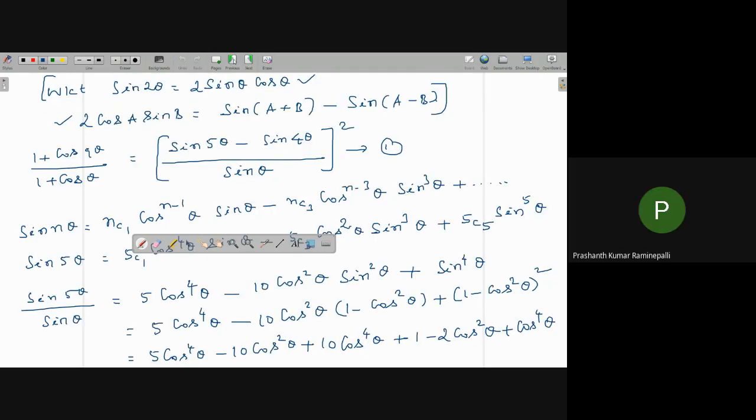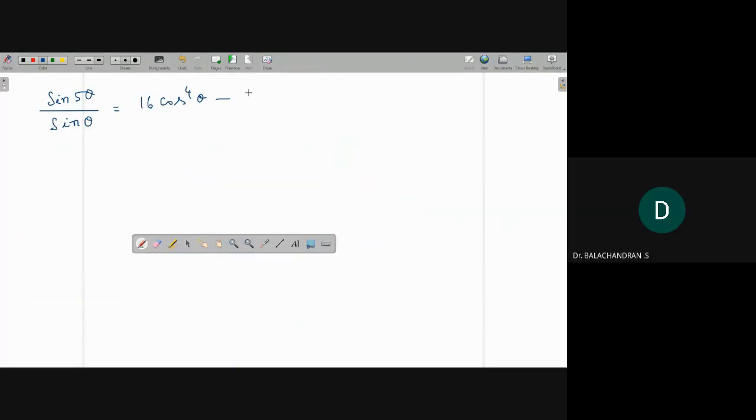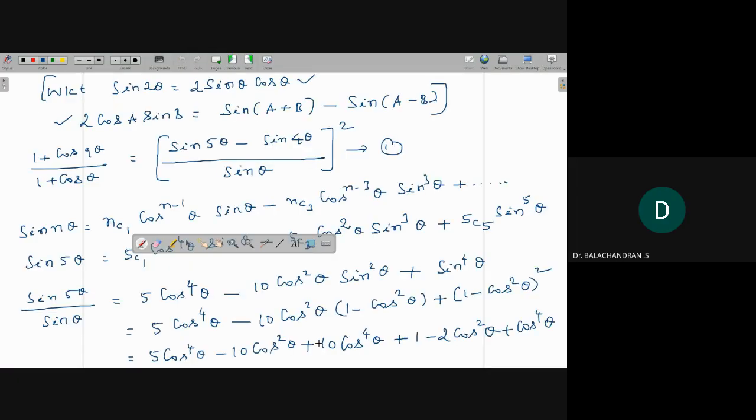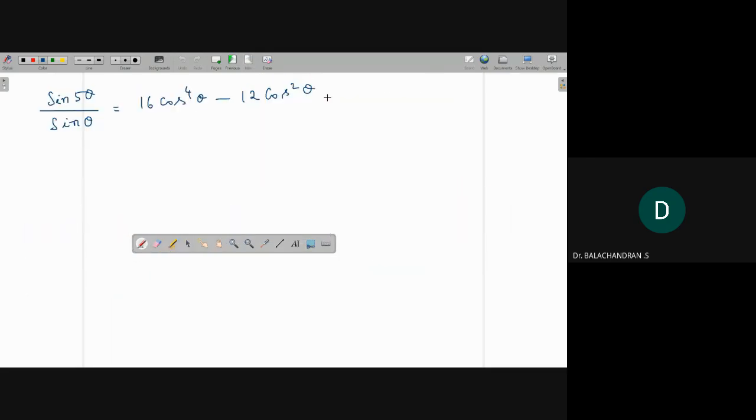Then minus 10 minus 2, so minus 12 cos square theta, and the constant term is plus 1. I call this equation 2.